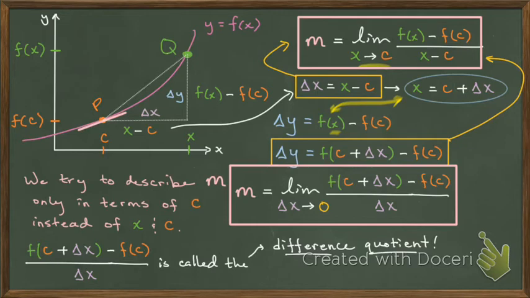What we want is to not necessarily have to zoom into a specific value of c. We maybe want to find a formula for the slope at any point. If we find a slope as a function, then we can plug in any value and find the slope at any point on a curve. That's a little bit more powerful. I don't have to do this for every single c I can think of. I can just do it in general and then have a formula for it.